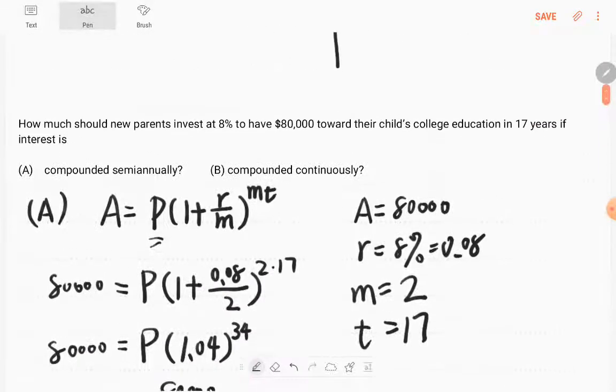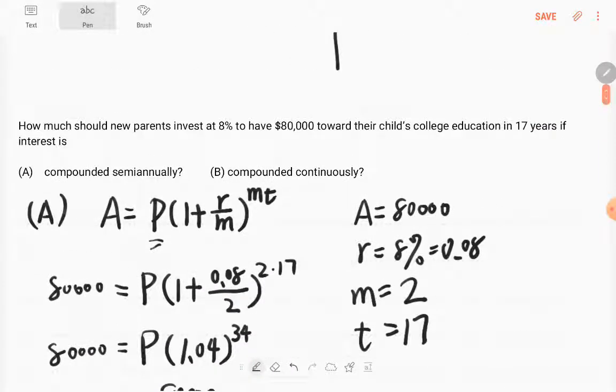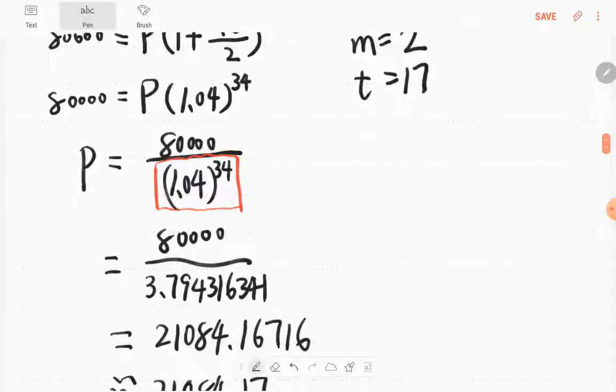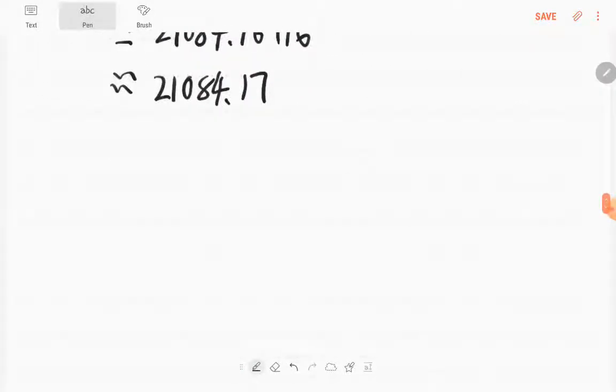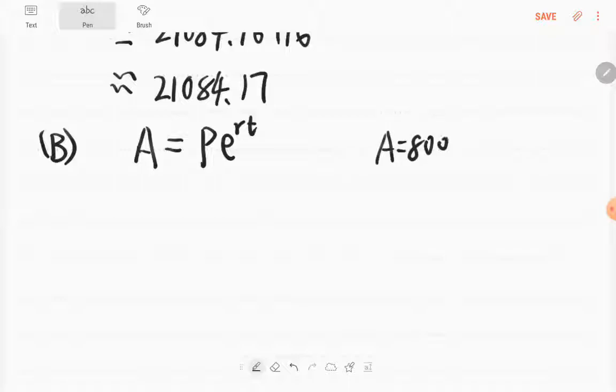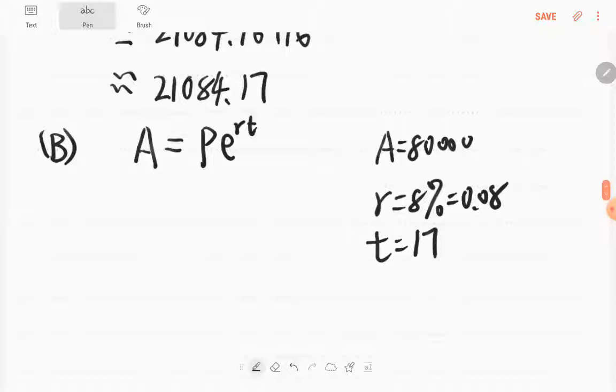Part B says if the interest is compounded continuously. So we use the continuous compound interest formula: A equals P times e to the R times T. Now we know A is equal to 80,000, R equals 8%, which is 0.08, and T equals 17.